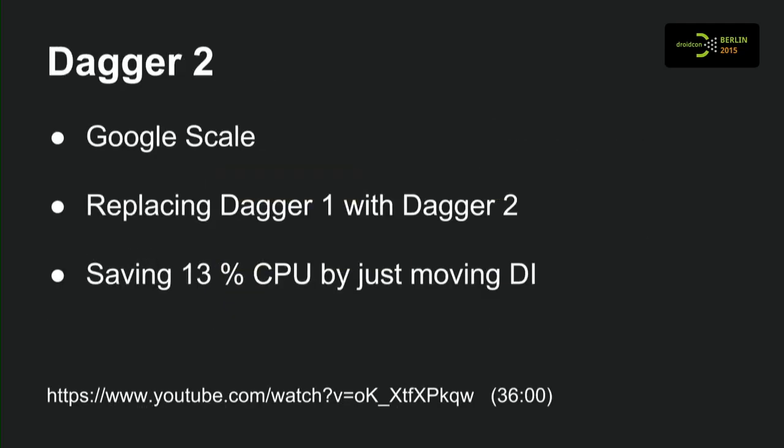Dagger. Who of you is not familiar with Dagger? It's a dependency injection framework. Dagger 1 was implemented by the guys at Square. It used annotation processing to generate code, but it also used reflection at runtime to stick the object graph together and to handle some inheritance edge cases.